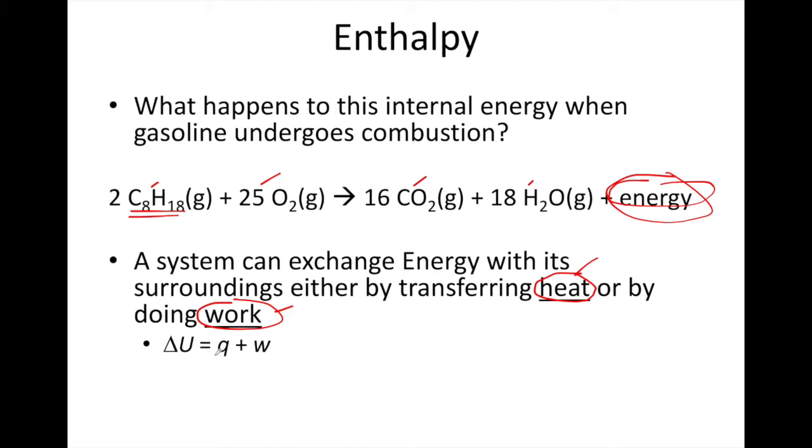We can write this mathematically, as you see here, where delta U is the change in internal energy. So this is the energy that's going to be released when we combust our octane or some other reaction. And that energy that's released is equal to Q plus W, where Q is the heat that's going to be released or absorbed. Reactions can, of course, absorb those. And W is the work.